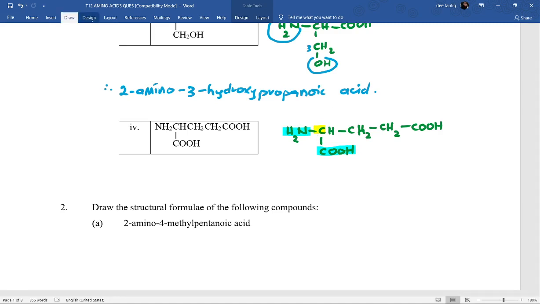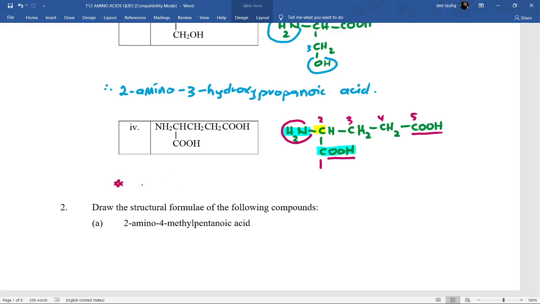Numbering must start from this carbon, number 1, 2, 3, 4, 5. We have the same COOH group, so pentanedioic acid, and this is our single substituent.